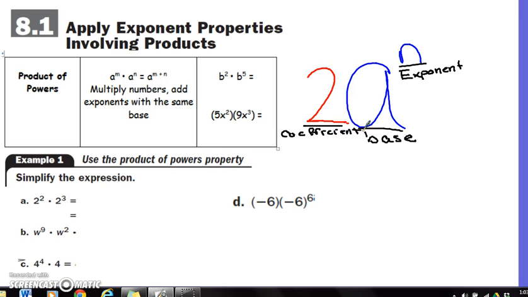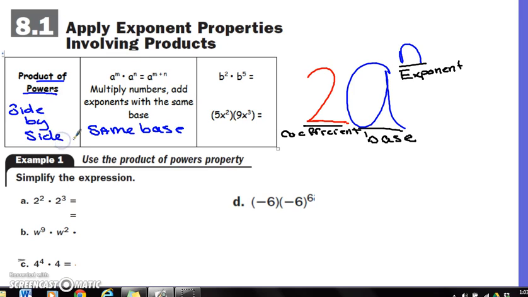All right, so the first rule is product of powers. What you need to know here is you must have the same bases. And I like to call this side by side, because they're literally sitting side by side.